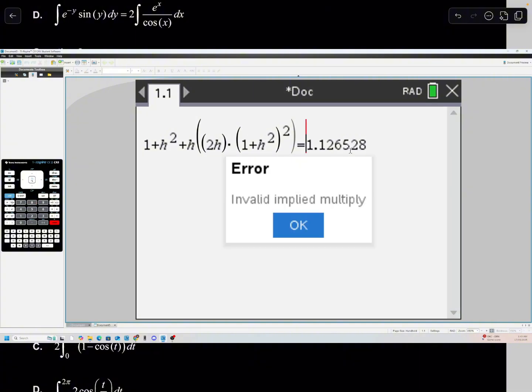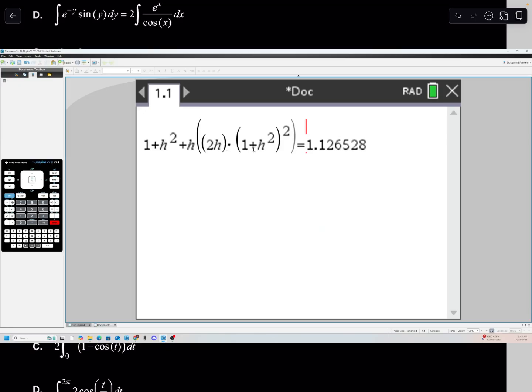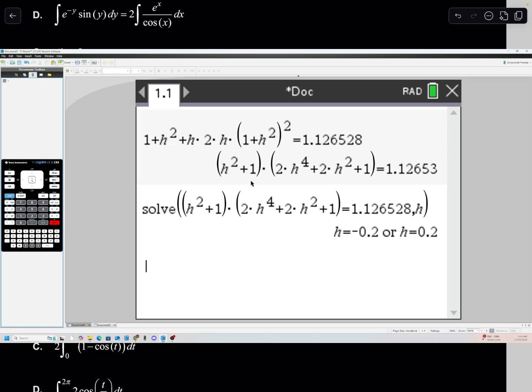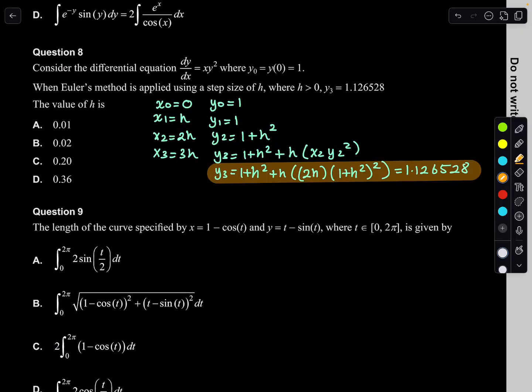Oh, what's happening here? Why is it saying multiplied? Am I supposed to put a times here? Yeah, that's what I was supposed to do. Then I can solve this for h, and we get two values of h. For our case, h has to be positive. They told us it was positive, so h is equal to 0.2, which in this case is C. So question 8 is C.